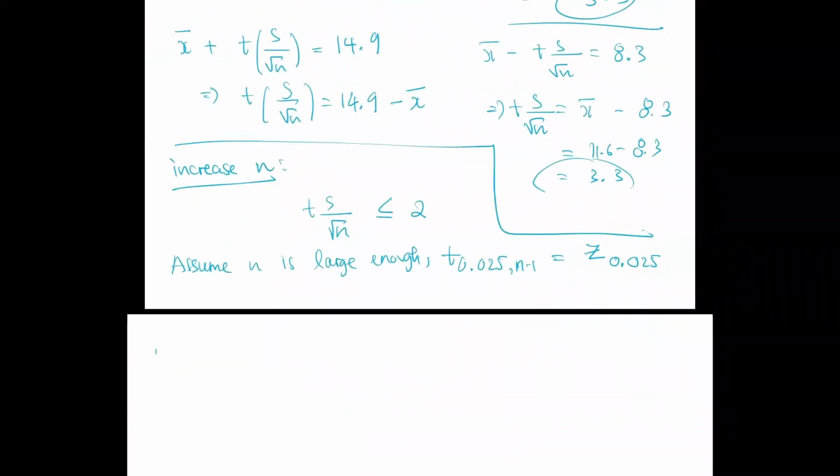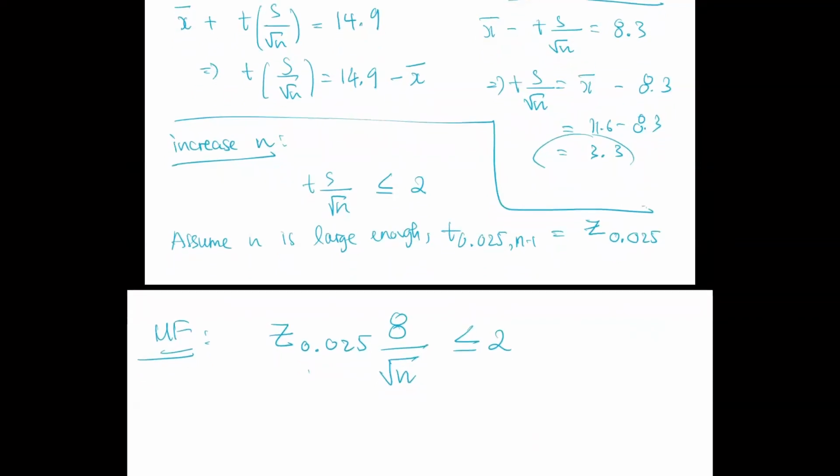Which means the margin of error will become 1.96. Actually, let me just write this. z at 0.025 times s, here s is 8, over square root of n, you want it to be less than or equal to 2, and this value is just 1.96.